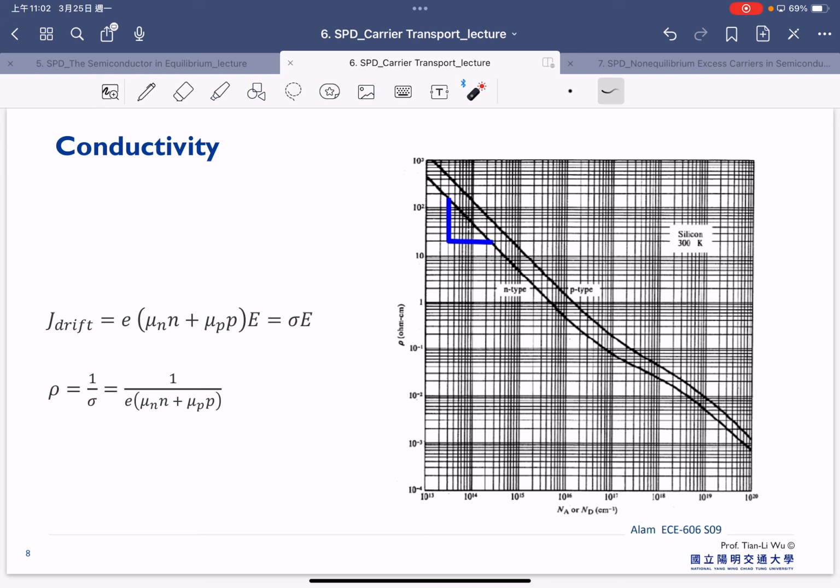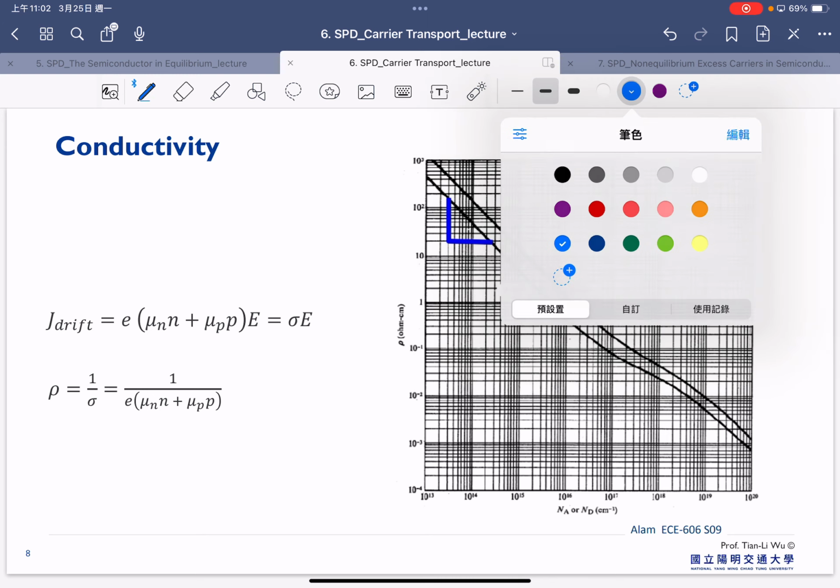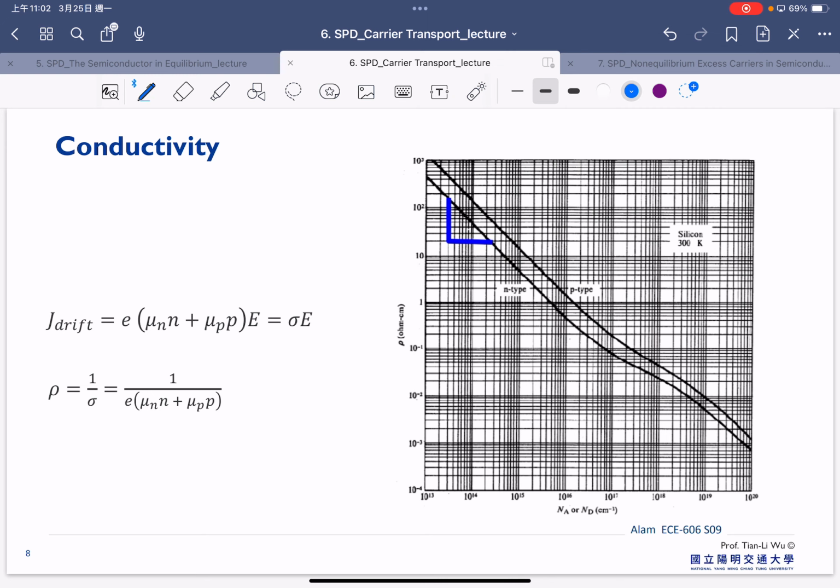Again, if you look at the structure of the MOSFET here, we already know that the source drain we usually dope as a high concentration region, for example N++. There must be a reason.